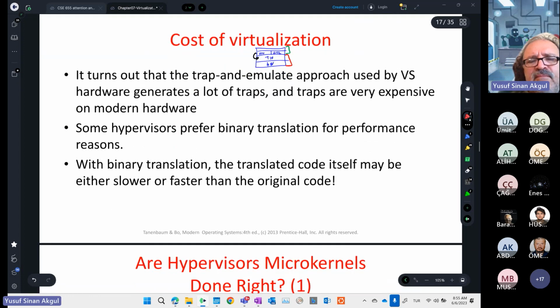You might think that this hardware support for virtualization is handling everything.